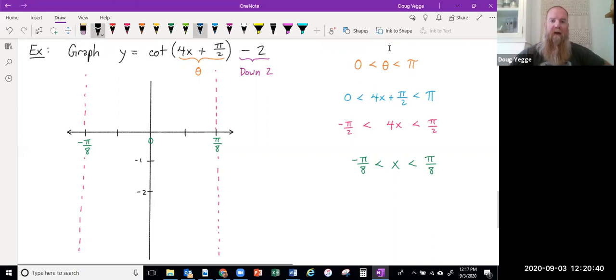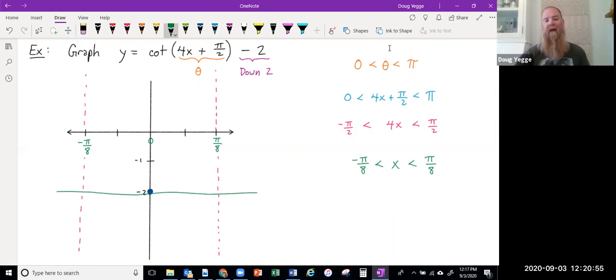Okay, I should now realize that the new midline is down here at -2. So if you choose to, you could even just draw this line temporarily to show that that's like our new x-axis. And so if we now find half of pi over 8, I know that that's going to be a value of pi over 16. And on the other side, this will be a value of negative pi over 16.